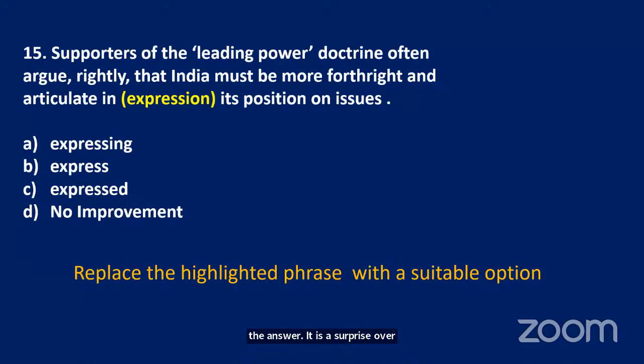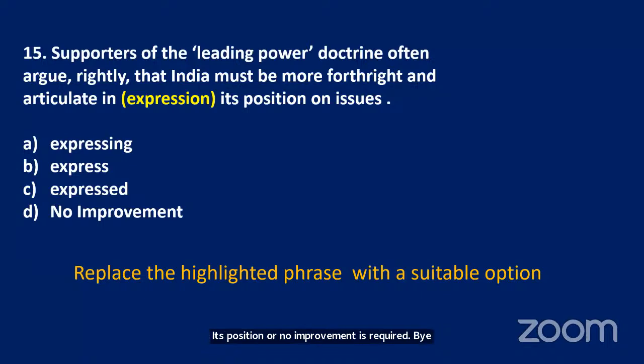See the next question. Supporters of the leading power doctrine often argue rightly that India must be more forthright and articulate in expression its position on issues. Is it expressing its position, or express its position, or expressed its position, or no improvement is required? All right.